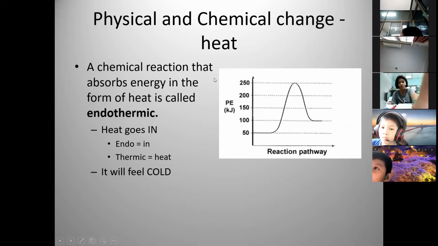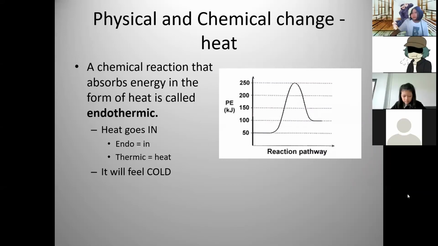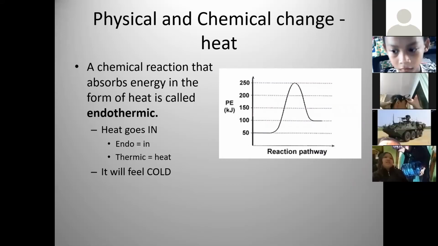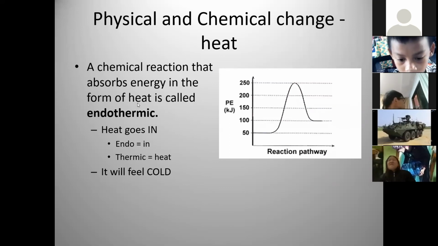Who wants to read this one? A chemical reaction that absorbs energy in the form of heat is called endothermic.